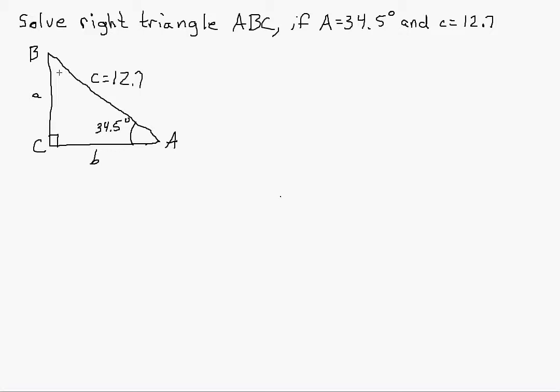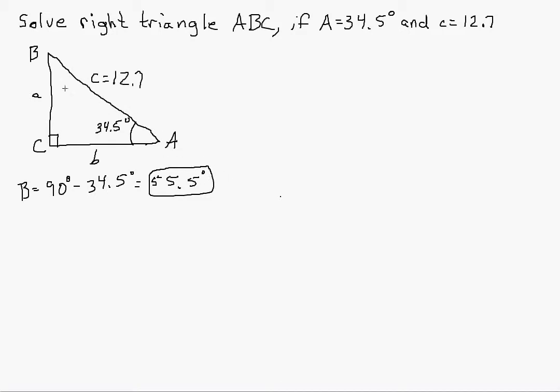So to find angle B, all we have to do is 90 degrees minus the measure of angle A, which is 34.5 degrees. And that gives us a measure of 55.5 degrees. So there's angle B.